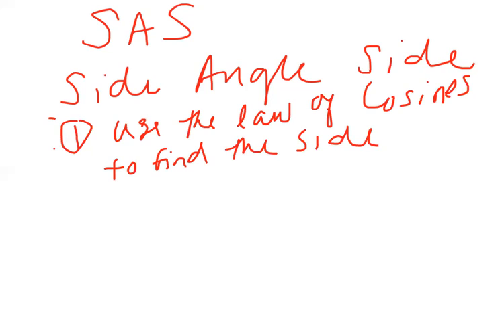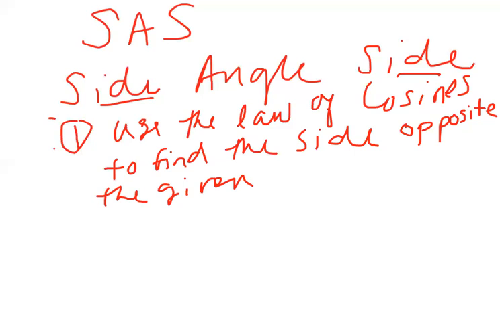Remember, you have two sides already, so you're missing one side. So now your job is to figure out that missing side. You're going to use the law of cosines to find the side opposite whatever that given angle is.